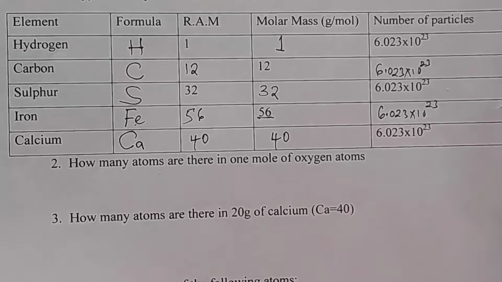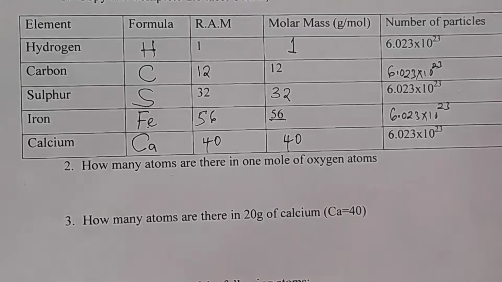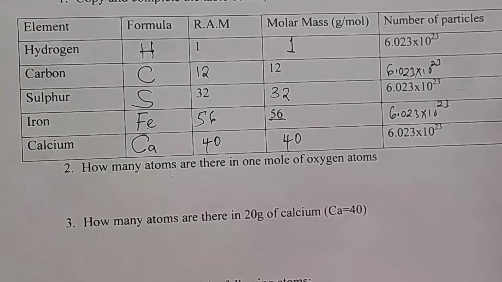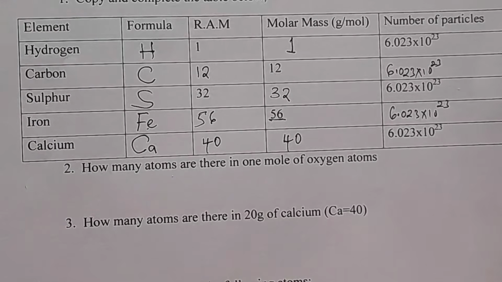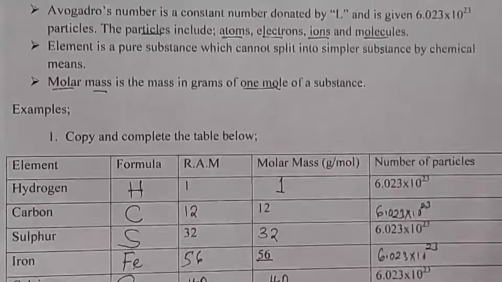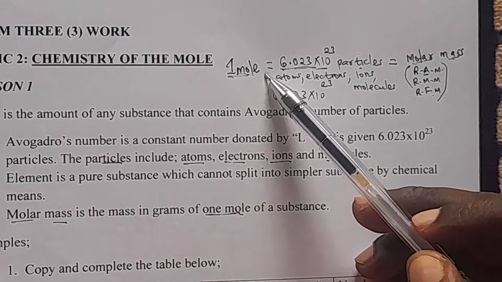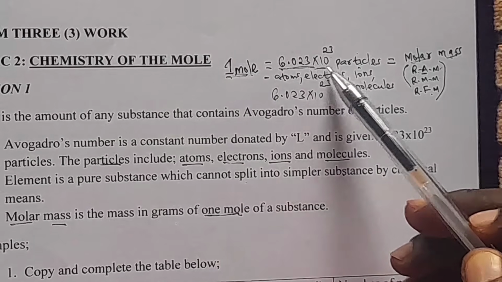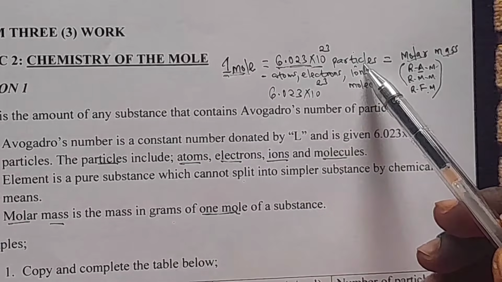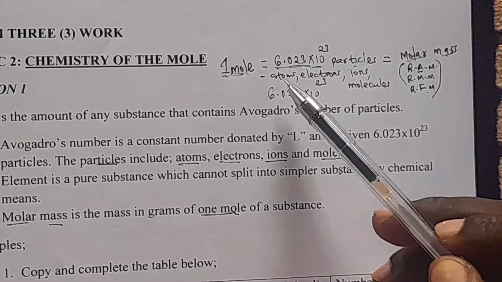That's question number 1. So we are going to go to question number 2, and we are told how many atoms are there in 1 mole of oxygen atoms. So remember, we are told here 1 mole. The formula, 1 mole will be equal to 6.023 times 10 power 23 number of particles. But examples of particles include atoms.